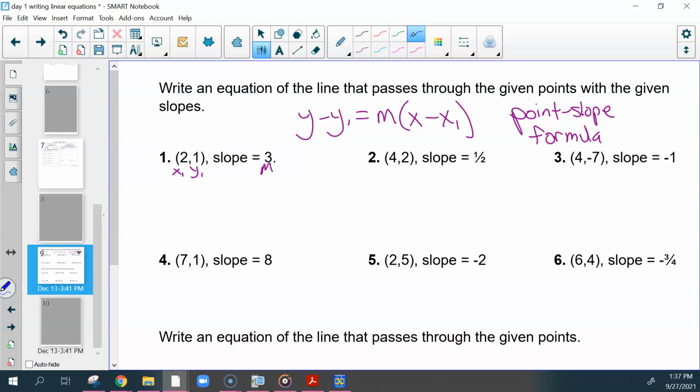So the y and the x in here are going to stay y and x. So y minus y1 is 1 equals, our m is 3. And then x minus x1 is 2. That's part of the question.